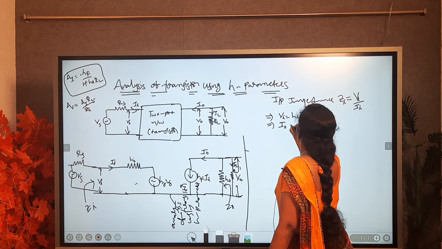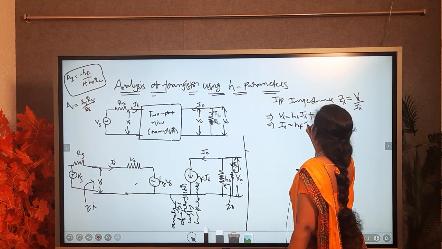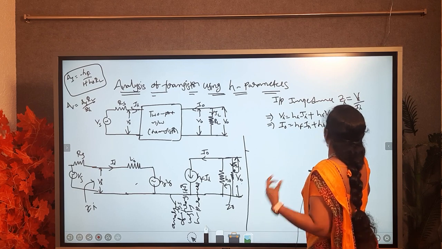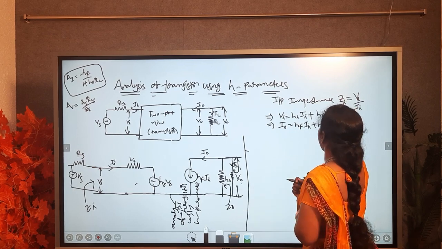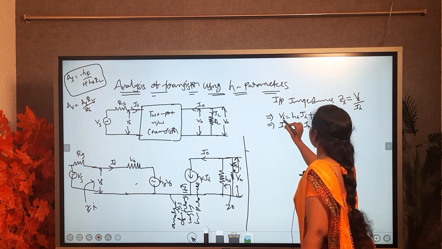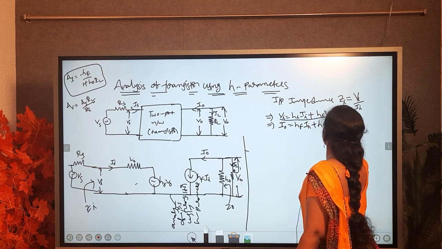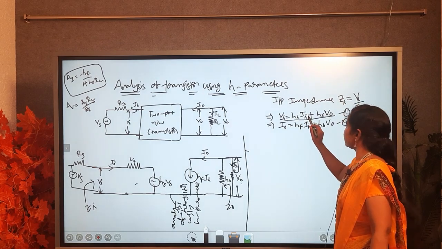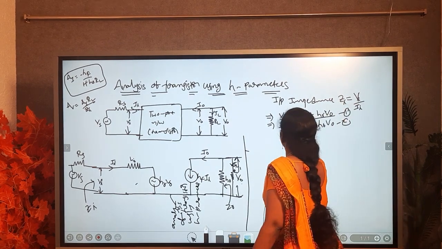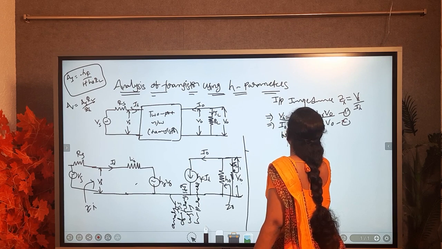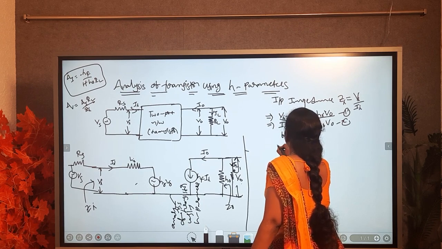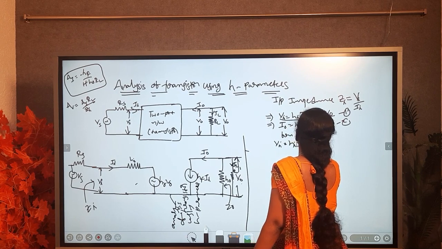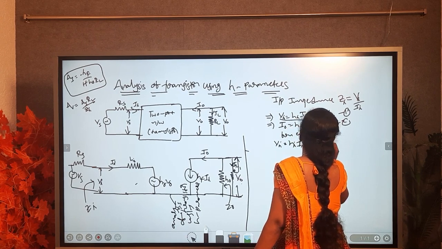Next, I naught equals HF into II plus H naught into V naught. From that, Vi by Ii, from equation 1, this is the Vi, this is the Ii. So, taking equation number 1, Vi equals Hi into Ii plus HR into V naught.